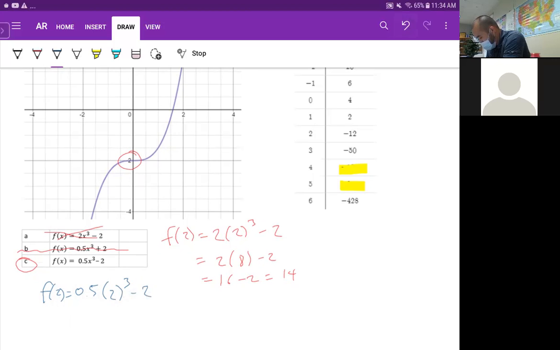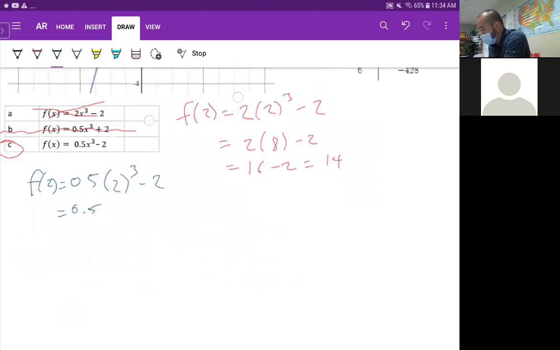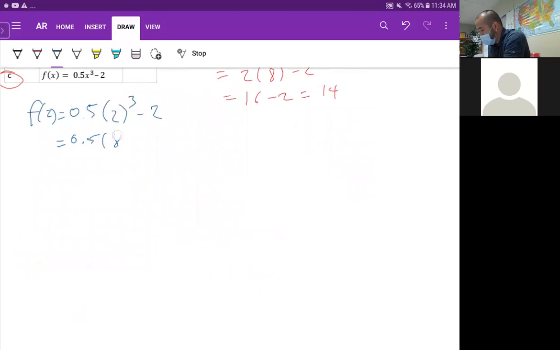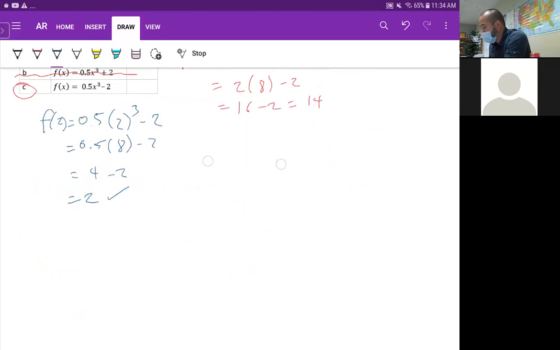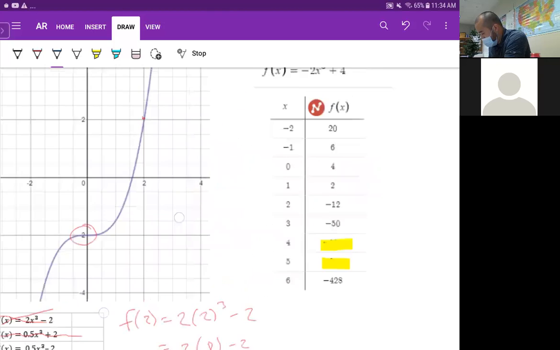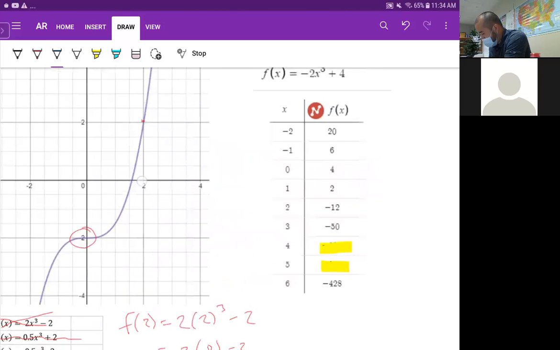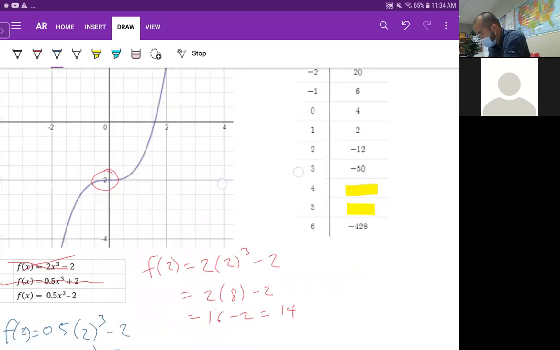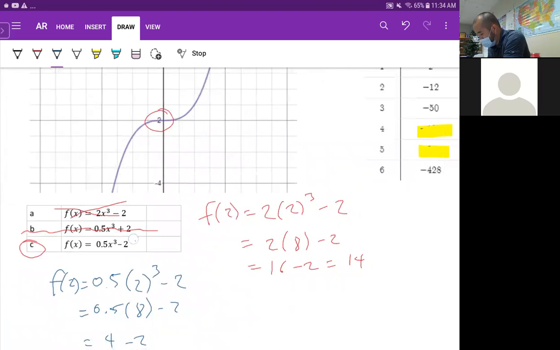So this time it'll be 0.5 times 8 minus 2. So that's 4 minus 2. That's 2. And that's what we wanted. So when the x value is 2, the y value is also 2. So this is the one that's the answer. This is good. That's what we want.